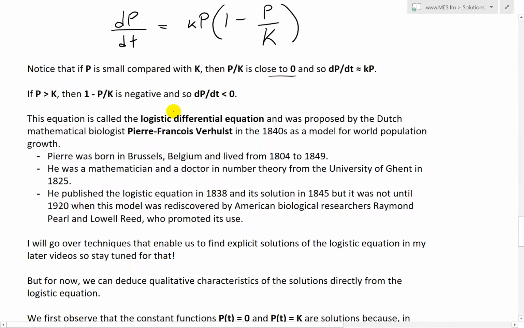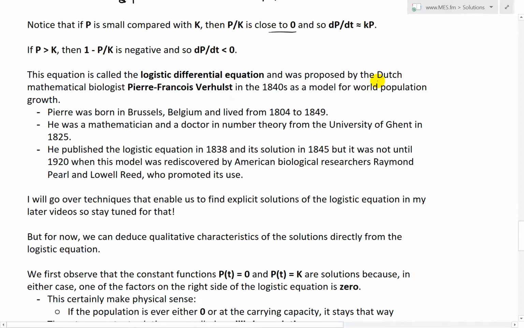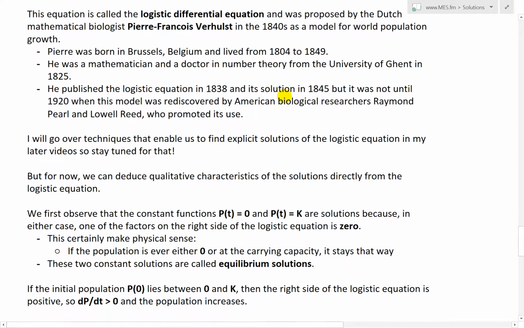This equation is called the Logistic Differential Equation, and was first proposed by the Dutch mathematical biologist Pierre-François Verhulst, I'm not sure how you pronounce it, in the 1840s as a model for world population growth. Just a brief history lesson on Pierre. He was born in Brussels, Belgium, and lived from 1804 to 1849, so he lived about 45 years.